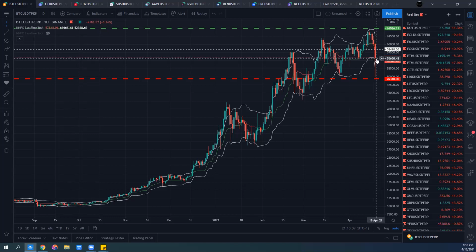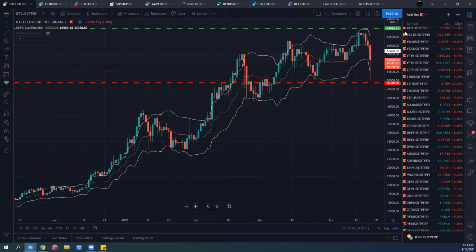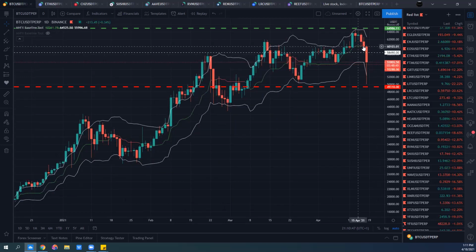Now, when you have situations like this, when the market is already in the correction phase and it breaks down the downward channel, like it is right now, I'm anticipating tomorrow to still be a red day. Before I can assume a long position again in this market, I want to see price cross above this middle line.